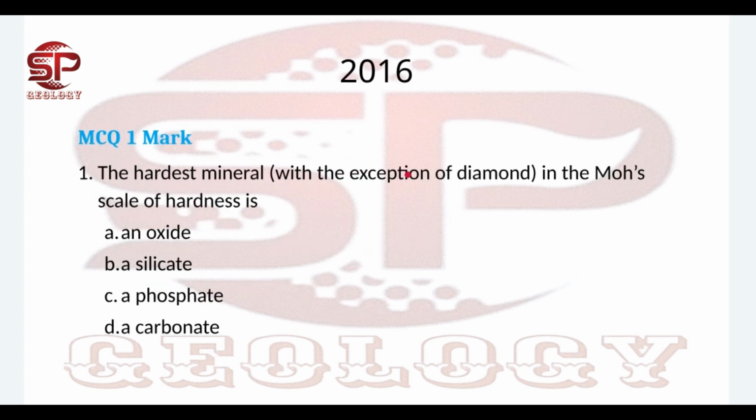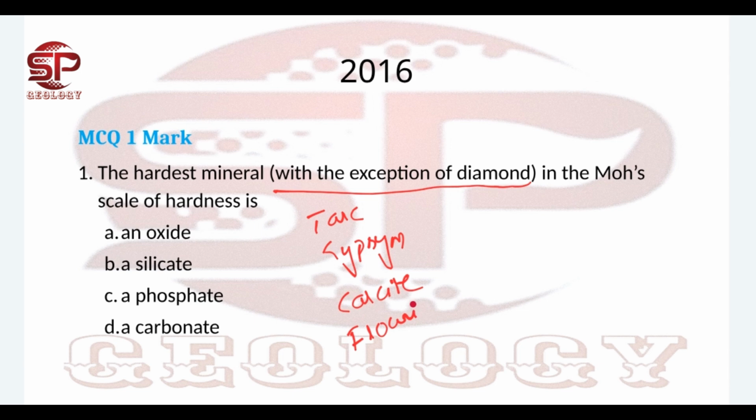The hardest mineral with the exception of diamond. If you consider the Mohs scale, it will be talc, gypsum, calcite, fluorite, apatite, then orthoclase after apatite, then quartz, then topaz, then corundum.